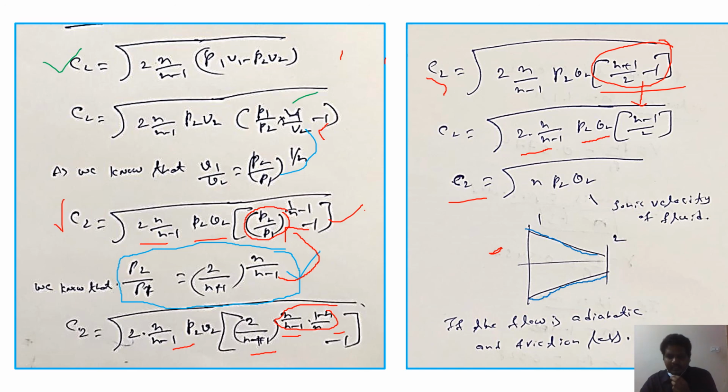There is a reason why the cross section area in the convergent nozzle decreases and why it reaches sonic velocity. Those things we will discuss in the next class. From this slide we understand that C2 equals A, that is the sonic velocity in the convergent nozzle.